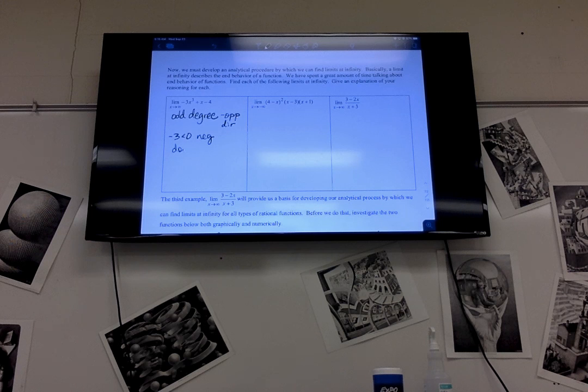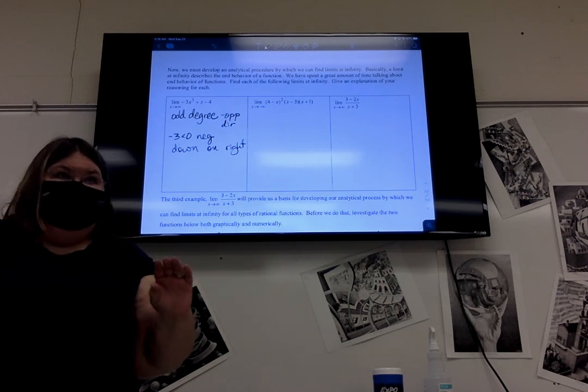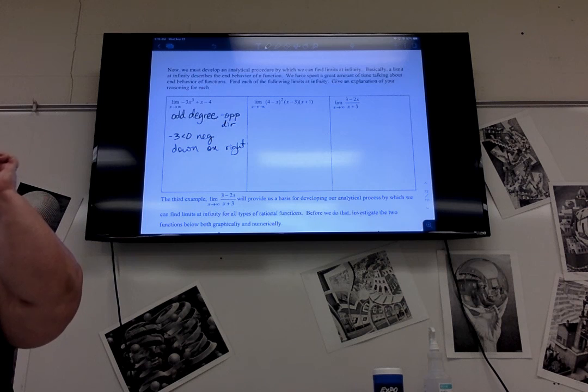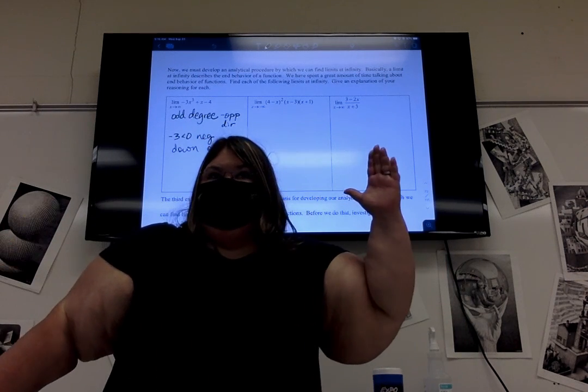Well, I'll still say down, on the right. Honestly, up and down. Okay. So the little 3 means that they're pointing in opposite directions.